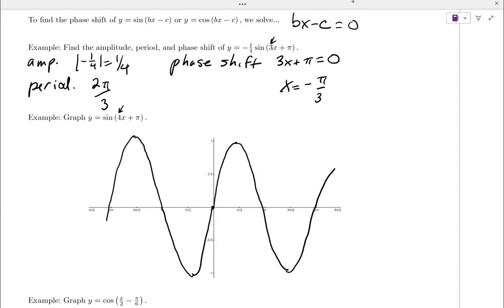What is the new period for this particular function? That's the phase shift, but you're right. The new period is going to be what? Pi over 2?